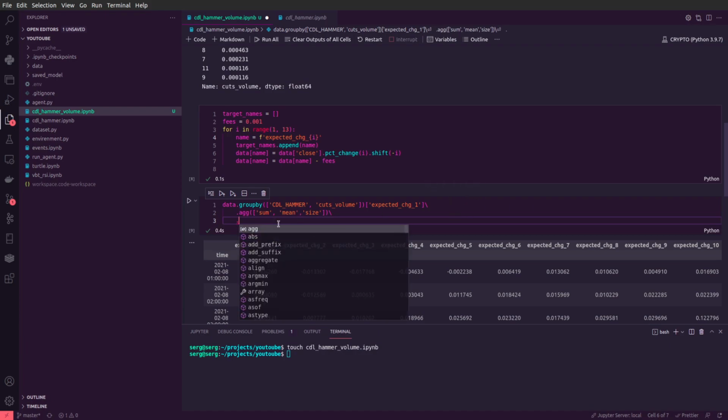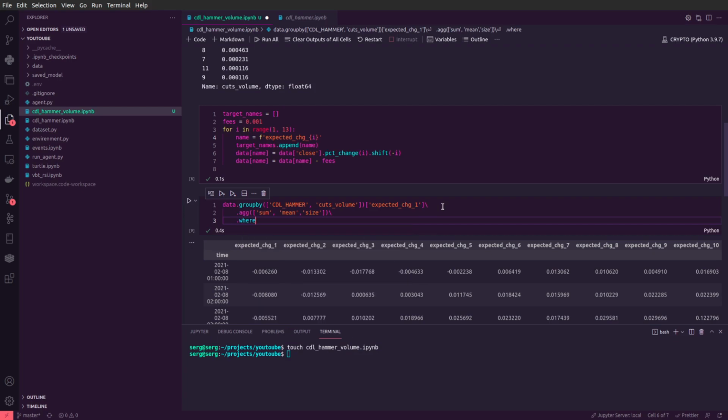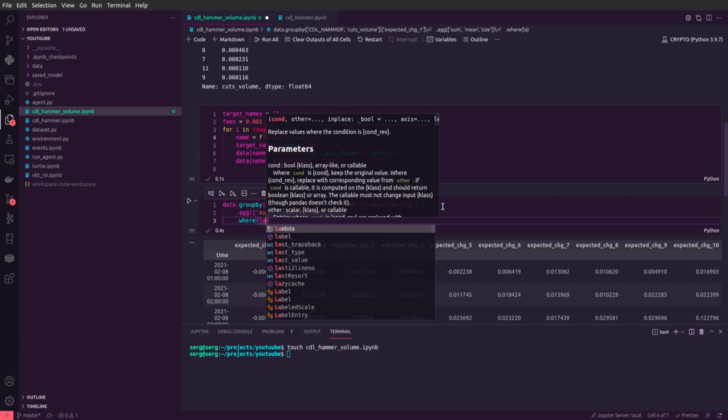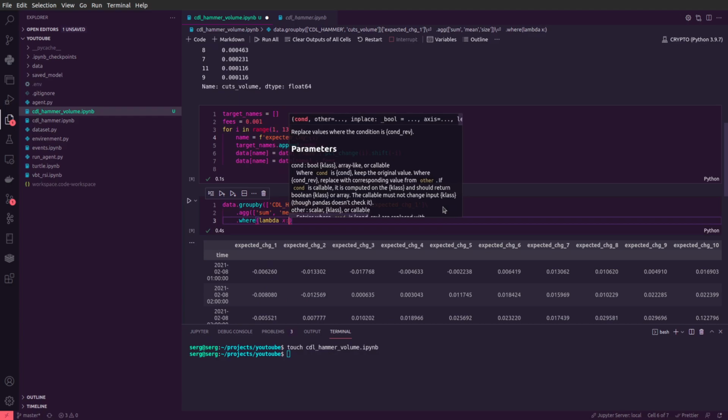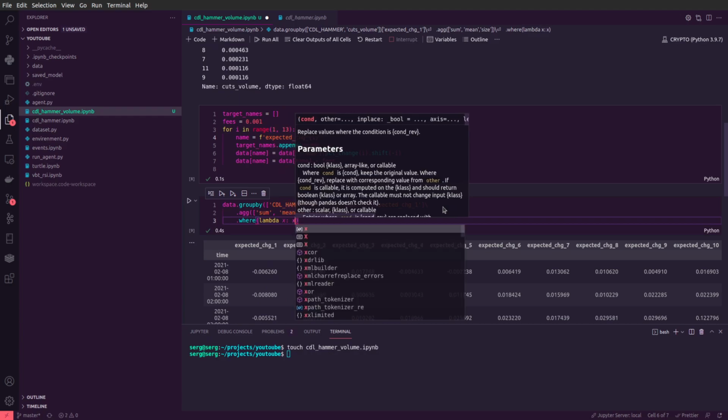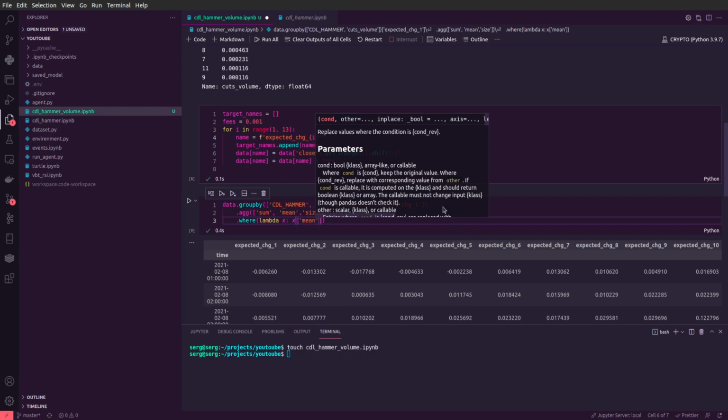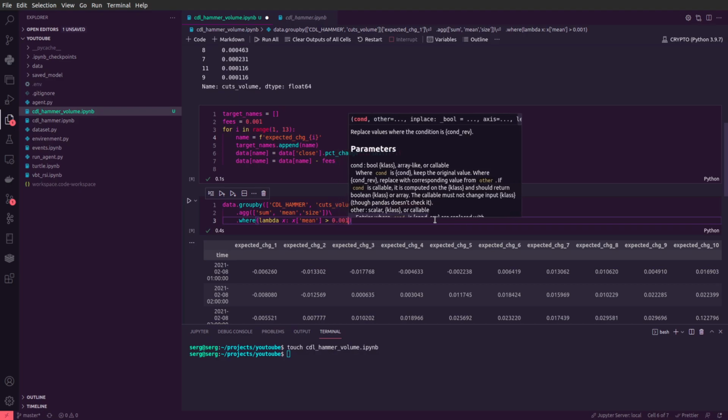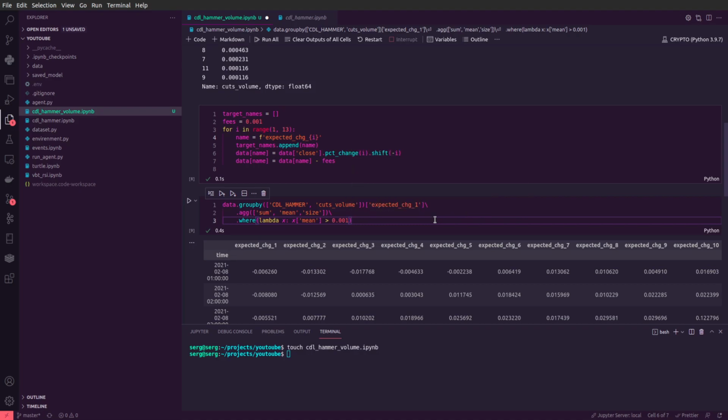Okay, in this case I mean. When I aggregate our pandas data frame by candle hammer and cut's volume, I take the data for expected change after 1 hour, and I need to filter this data. Let's use it. We call where, and we need to input a lambda function. For example, I would like to take data when the mean is more than this percent, and let's add another condition.